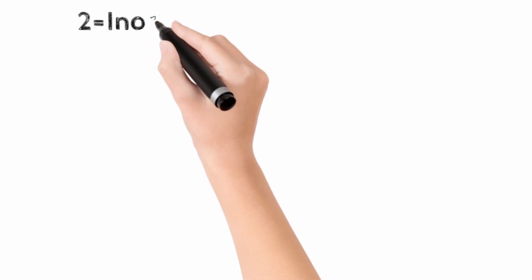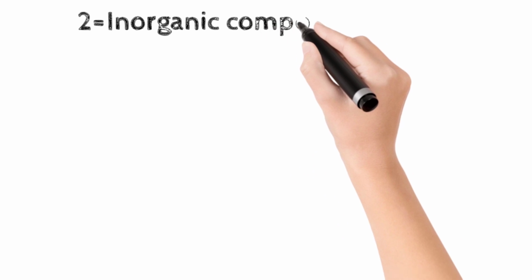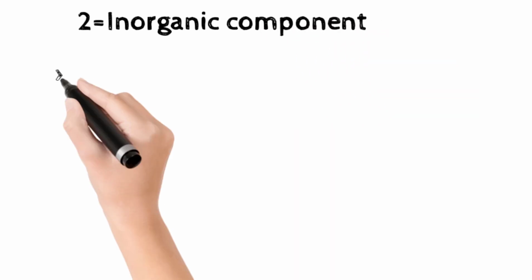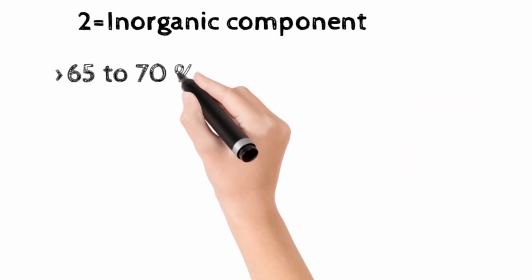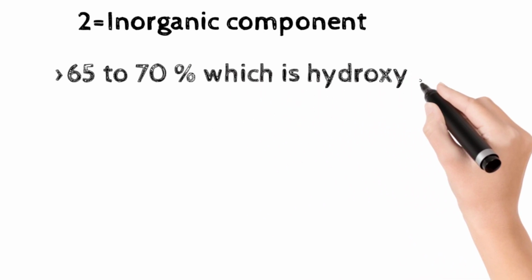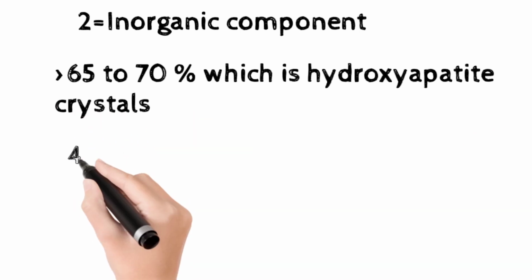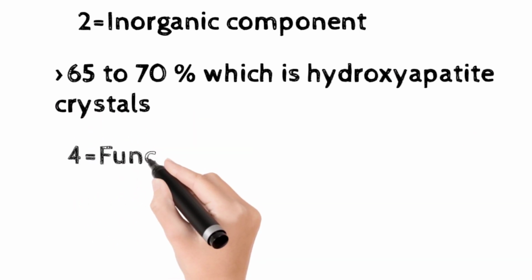Now come to the inorganic component. By percentage the inorganic component is 65 to 70%, which is hydroxyapatite crystal, meaning it consists of calcium and phosphate.